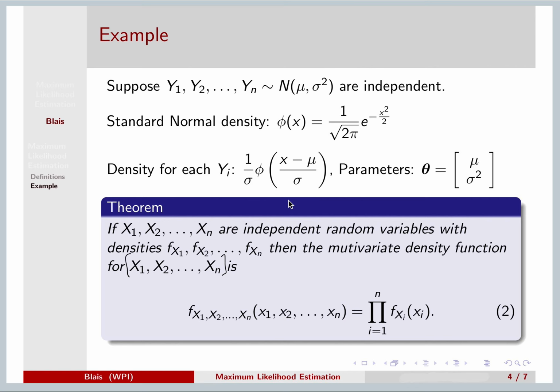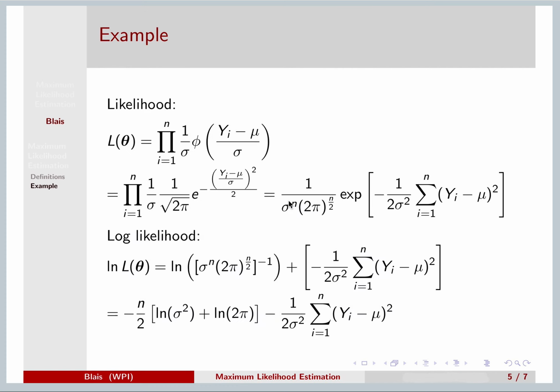And again, the key thing here is that these are independent. So in our example, we have a density for each y. It has this form. When you combine this with this expression here, you get 1 over sigma root 2 pi e to the minus x minus mu over sigma squared over 2. So that is the density of yi.